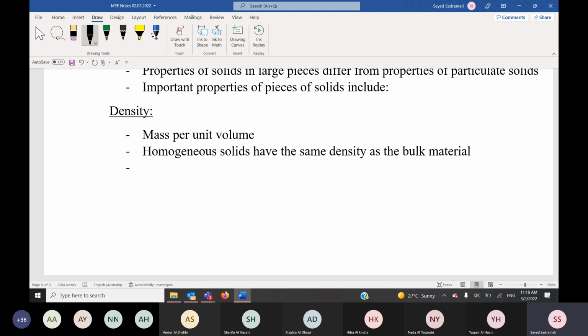Particles obtained by breaking a composite may have various densities.